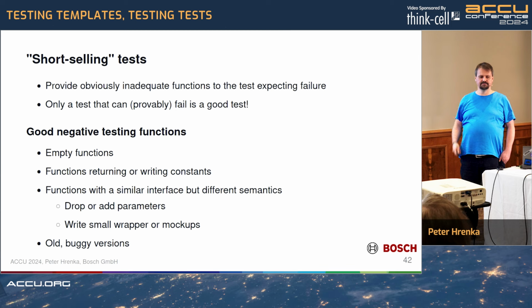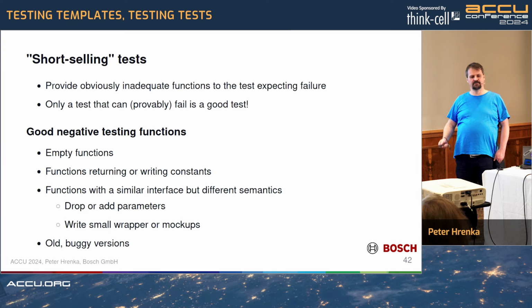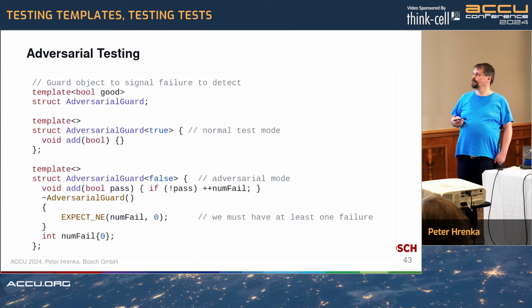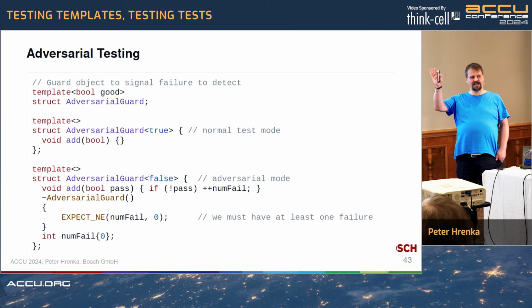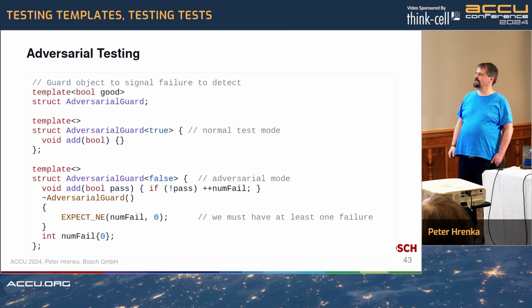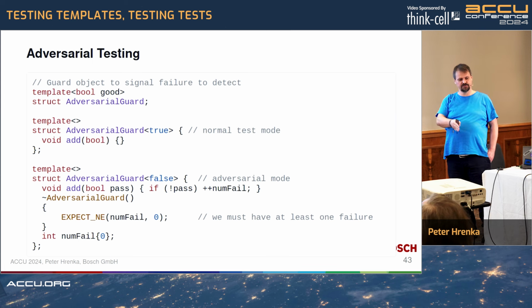And of course, if we have this infrastructure, we can use old implementations that we know didn't fulfill our expectations. I came up with the name adversarial testing, which really means having an infrastructure in place to test good functions and bad functions.